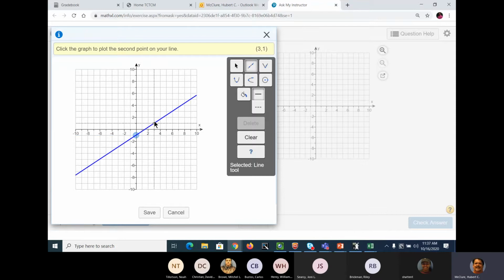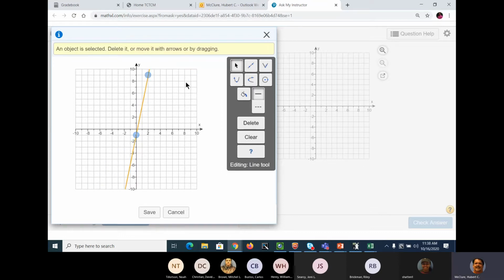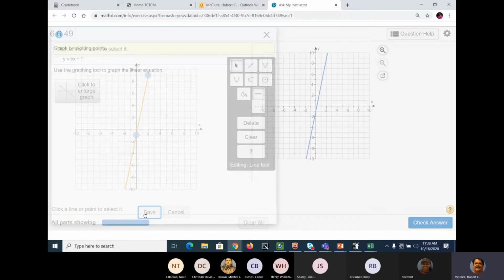Click. There it is, 0, -1. And let's say we want to stay in the first quadrant, 1 and 4. 1 and 4 is right there. Or we can do 2 and 9. And notice it has it right here, so you can make sure you don't mess it up. 2 and 9. And there it is.